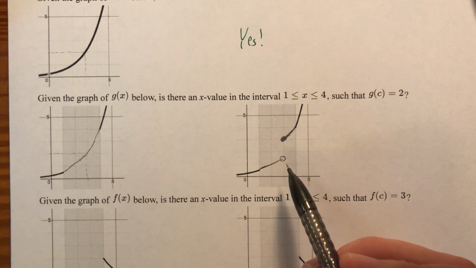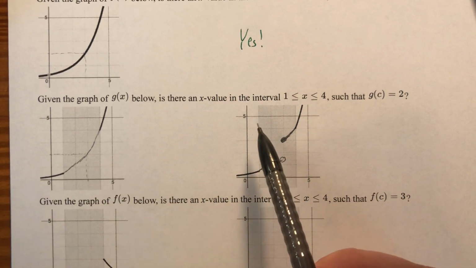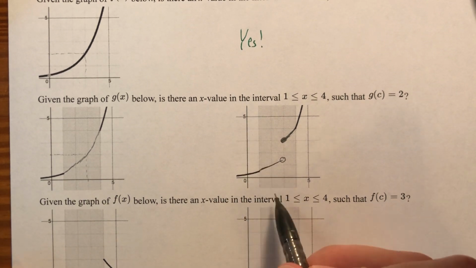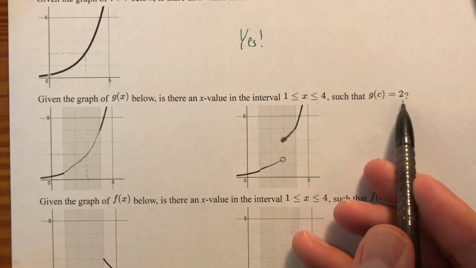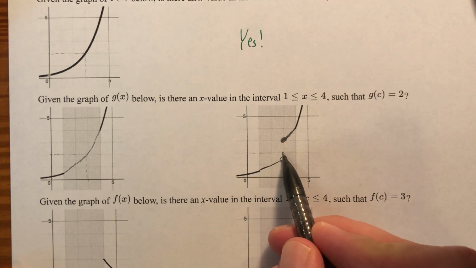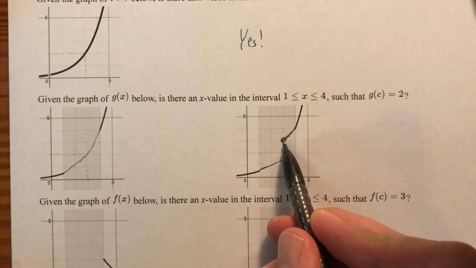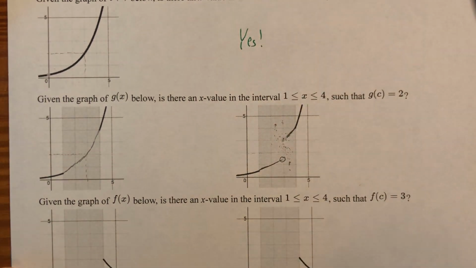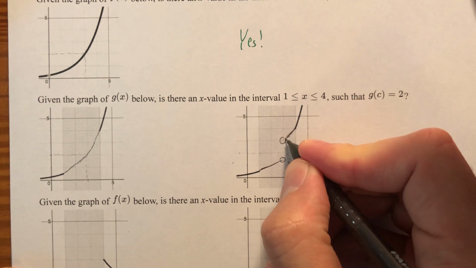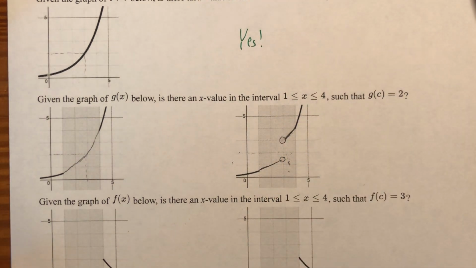So given the graph, am I guaranteed to have an x value in the interval from 1 to 4 such that my output is 2? Maybe so. Or maybe not. So, no.